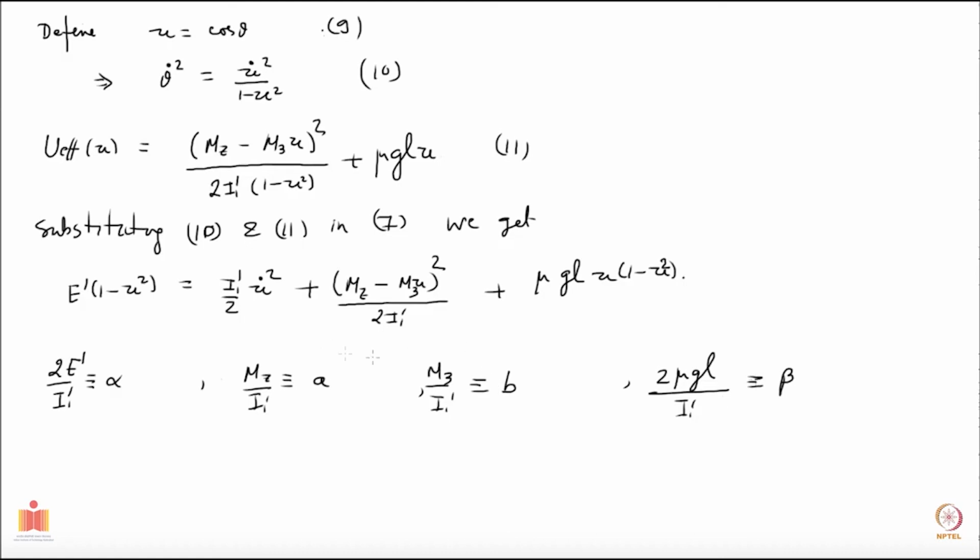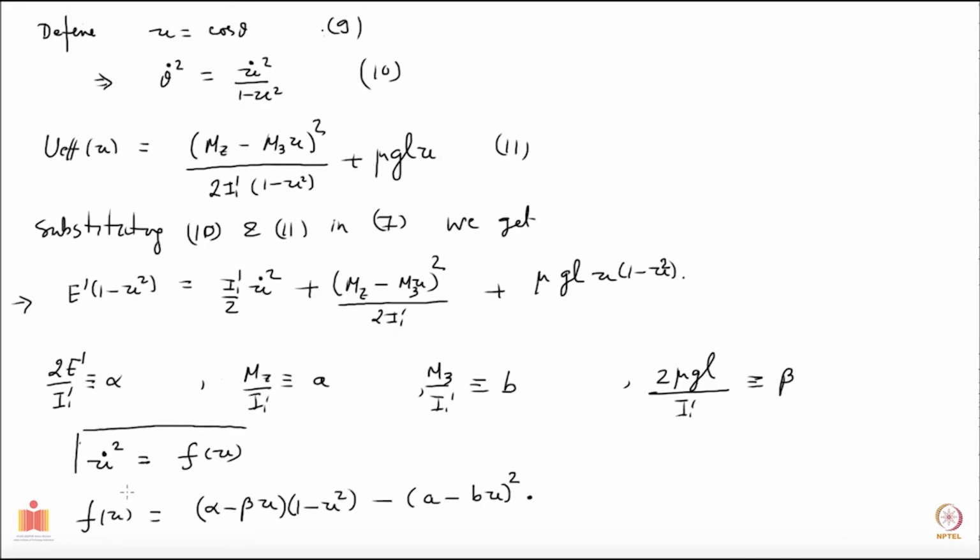You can substitute this definition into this equation, and you will obtain u dot square, and the entire remaining thing will be some function of u, where f of u is given by the following: it will be alpha minus beta u, then you will have 1 minus u square, that's correct, then minus (a minus b u) square. That's what you will get.